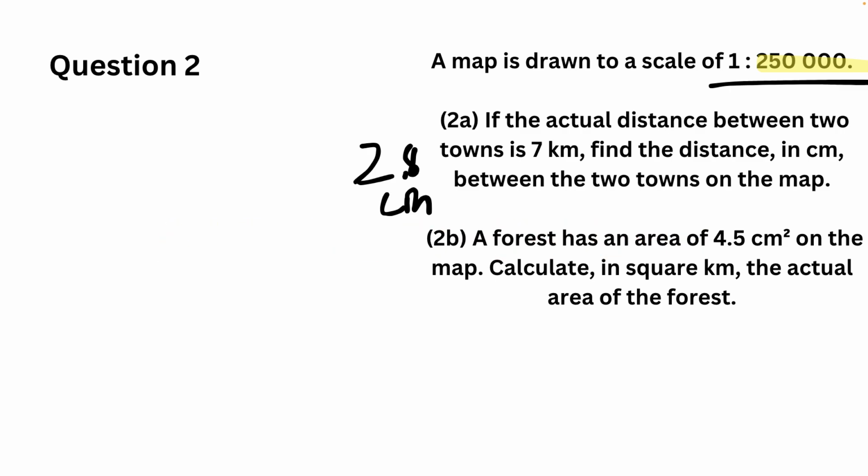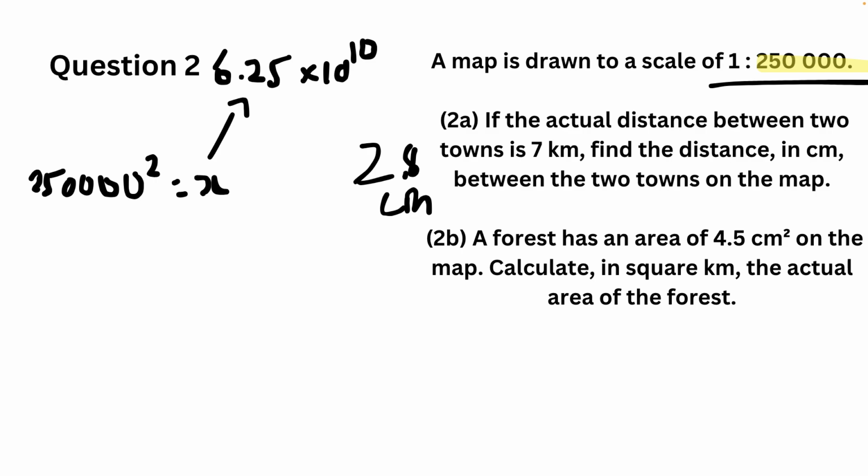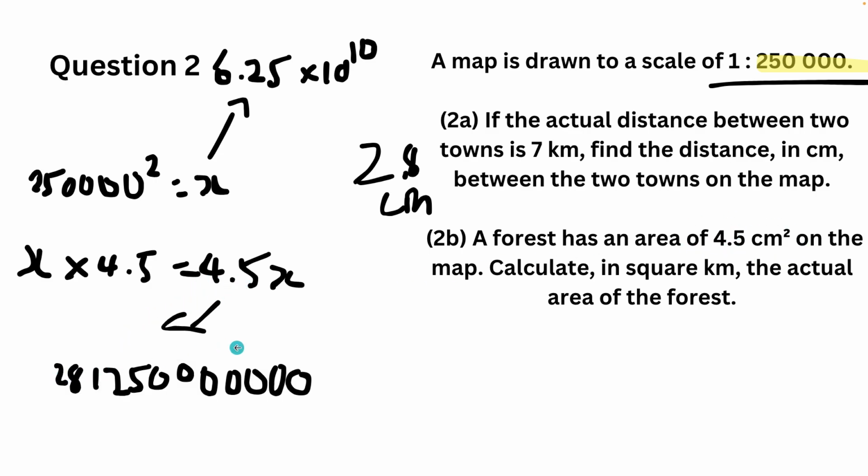B is a little bit confusing. So 250,000 squared equals this very long number. We will say x first. So x times 4.5, because 4.5 equals 4.5x. So then this is 28125000000, and because we have to change it into km and it is squared, we need to make more of the number into decimal.